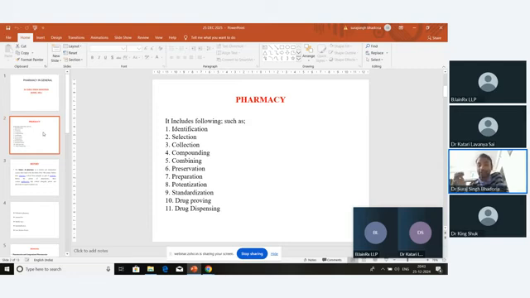Suppose in plant Y the maximum alkaloidal property is present in the roots, and if we collect the drug from the stem or leaf or flower, there is no need and no advantage in terms of therapeutic value and the efficacy of the drug substance.